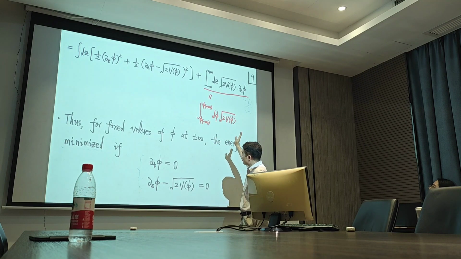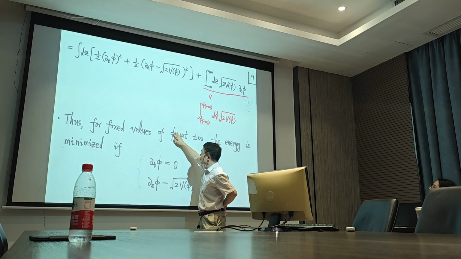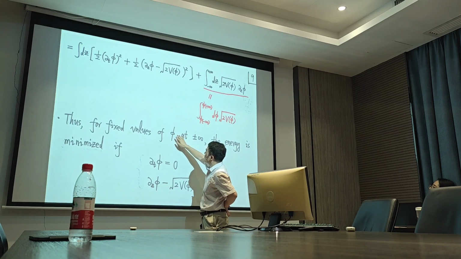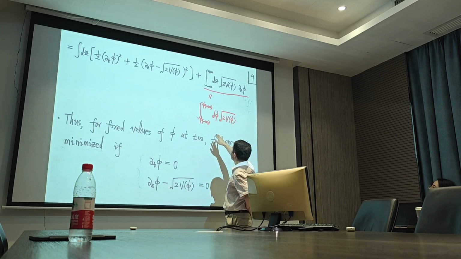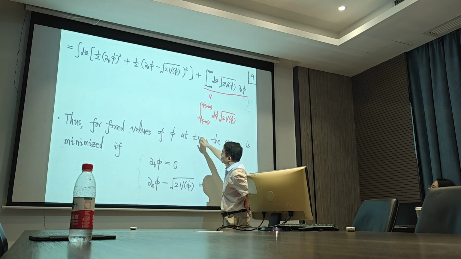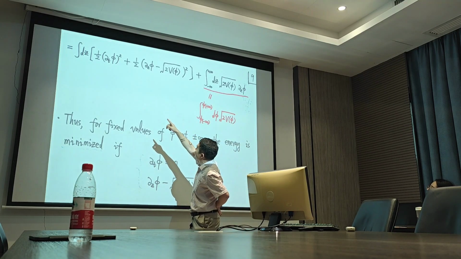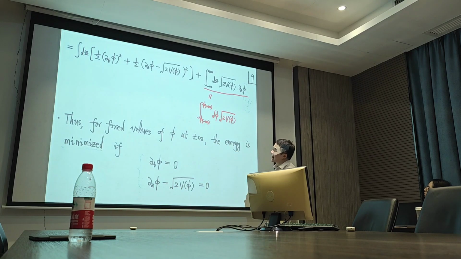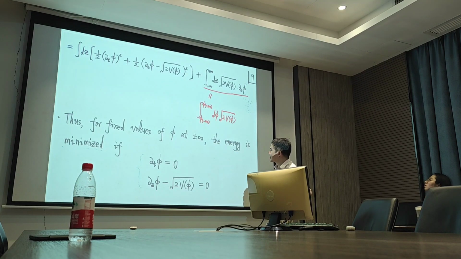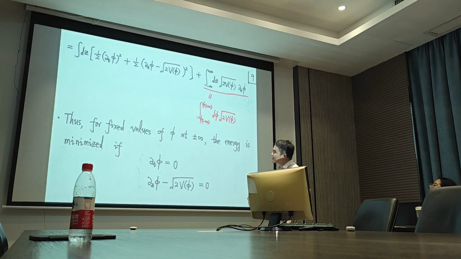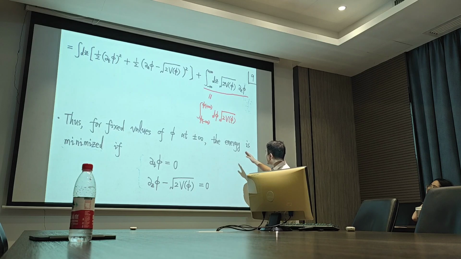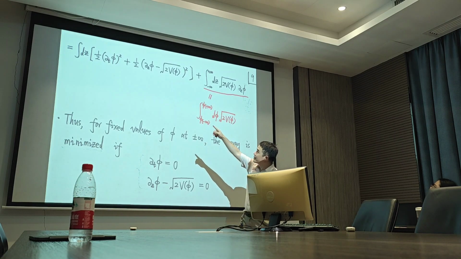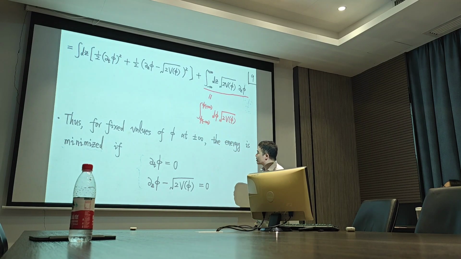So if the boundary values of the field are fixed, then this is fixed by the boundary. The other two terms are quadratic, so they are non-negative. If we want to minimize the energy, we need these two terms to be zero.